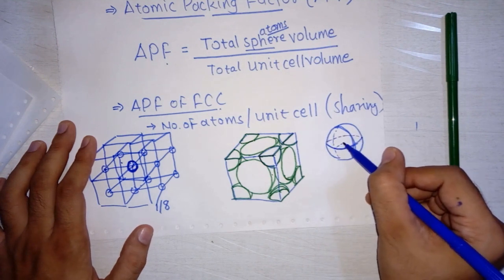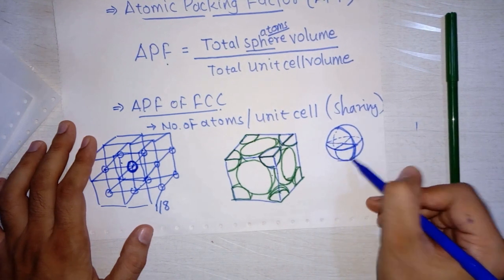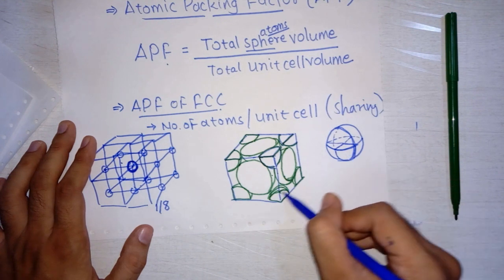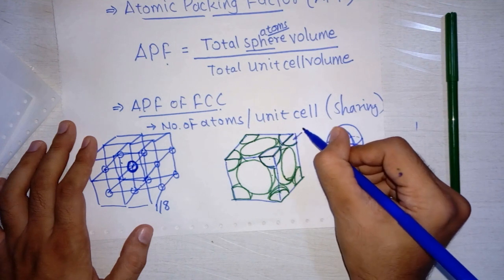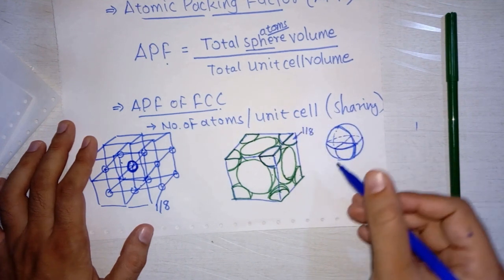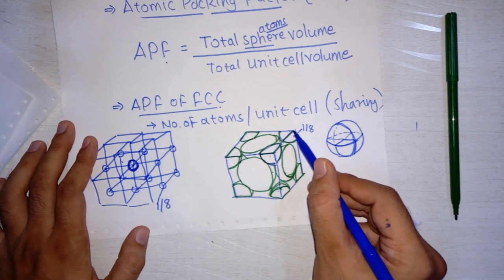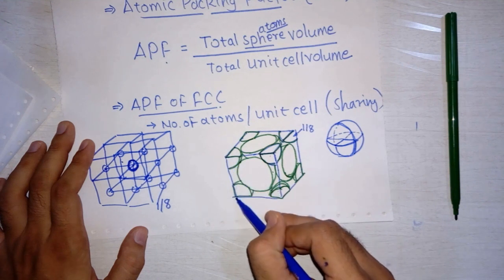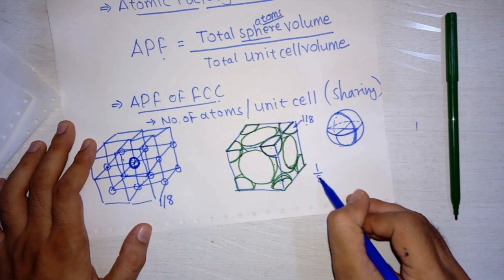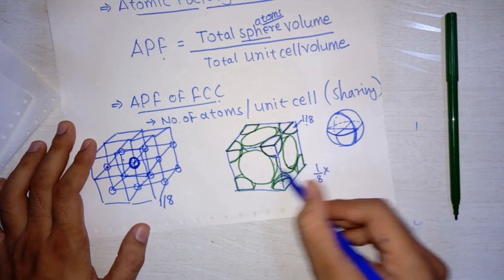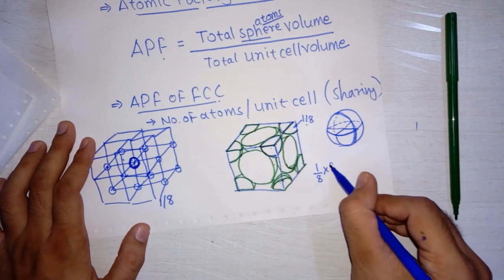Now if I represent one segment, that is nothing but what I have represented at all corners. So we have 1 by 8th of the portion of atom at this corner. Similarly, at all the corners we have 1 by 8th portion of the atom. So we have 1 by 8 into how many? 4 at the top face, 4 at the bottom face, total 8.